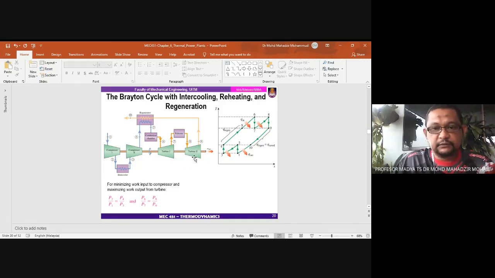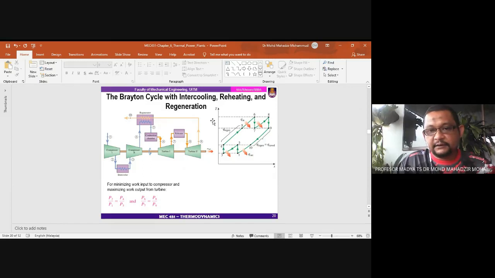Turbine number two is known as the low pressure turbine. And this is the regenerator. We have discussed this device and how its concept was introduced to the Brayton cycle.